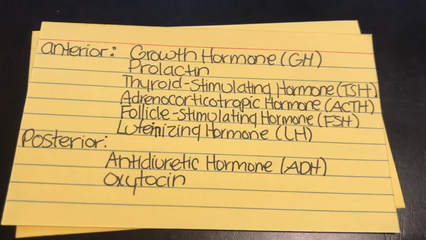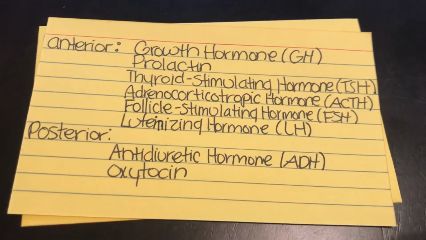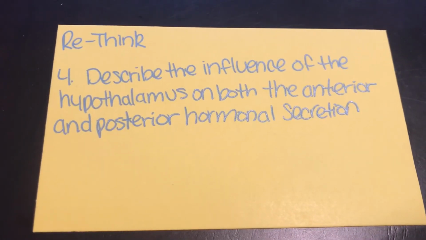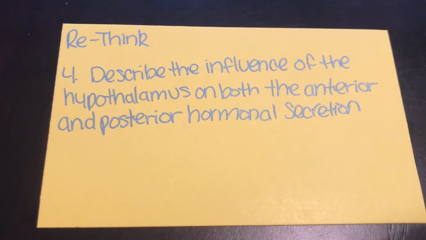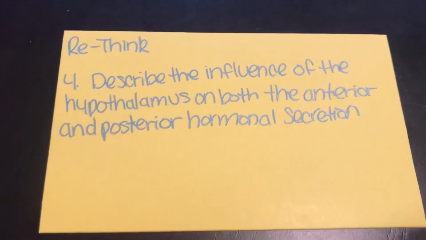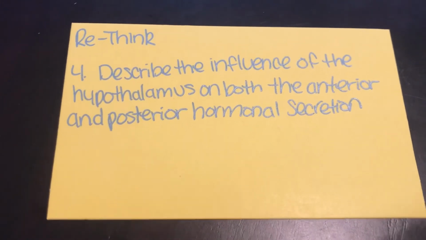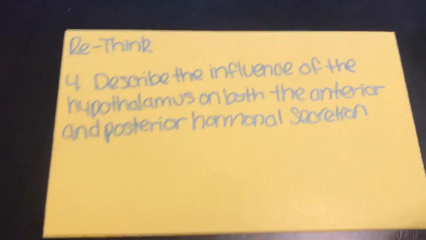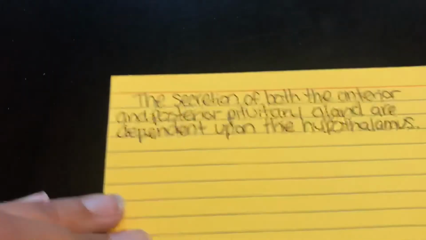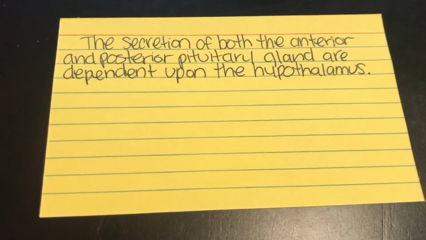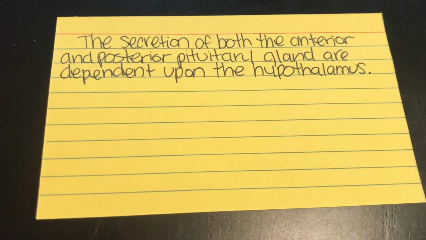And the posterior secretes your antidiuretic hormone and oxytocin. Number 4, describe the influence of the hypothalamus on both the anterior and posterior hormonal secretion. The secretion of both the anterior and posterior pituitary gland are dependent upon the hypothalamus.